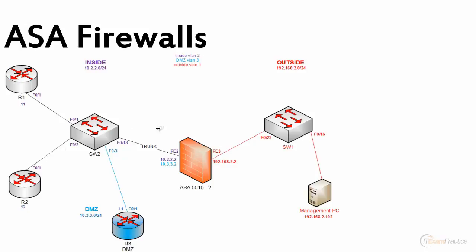Let's take a look at our topology. What we want to do is assign an IP address here. We'll have to add a static route to the internet. We will have to create NAT for our inside network as well.